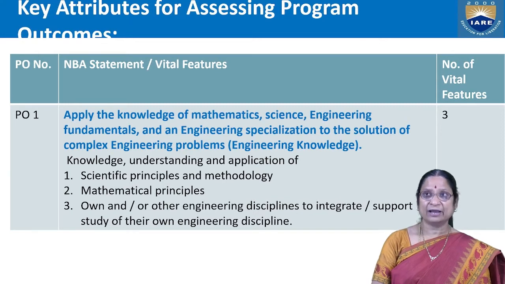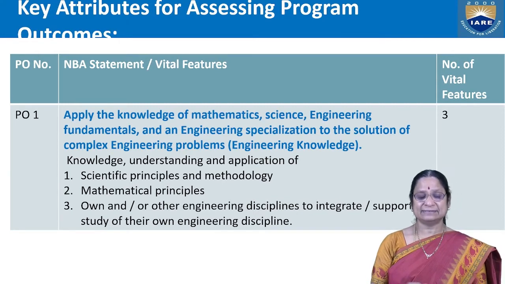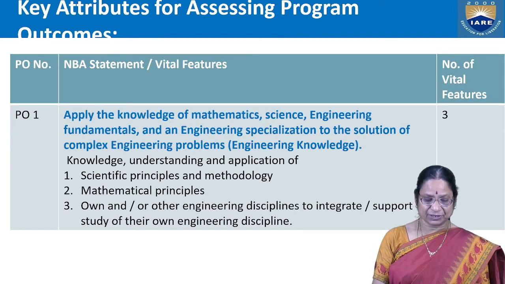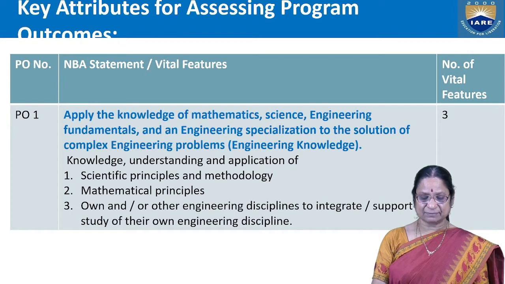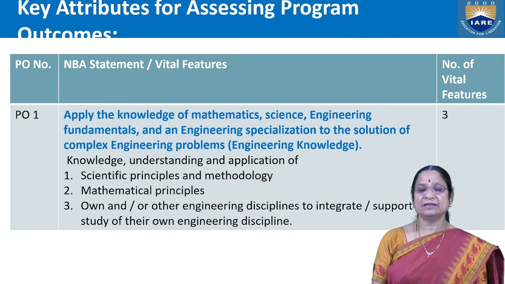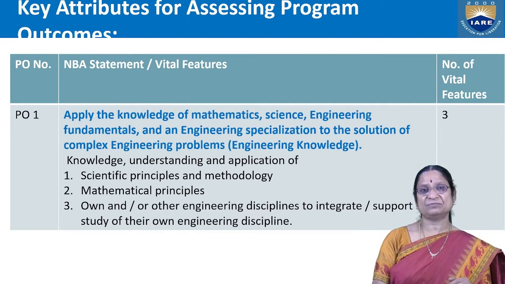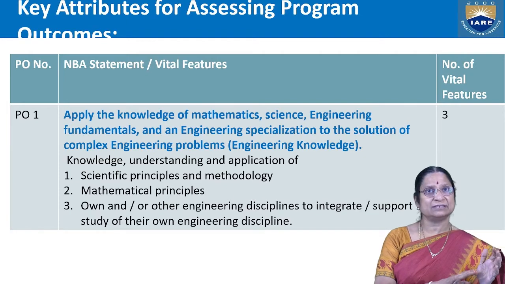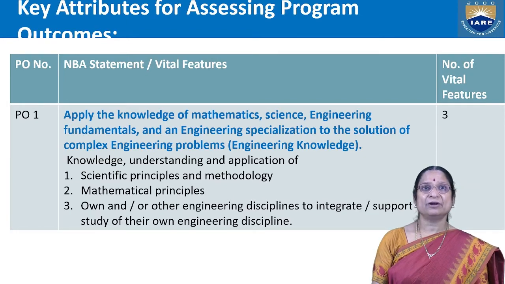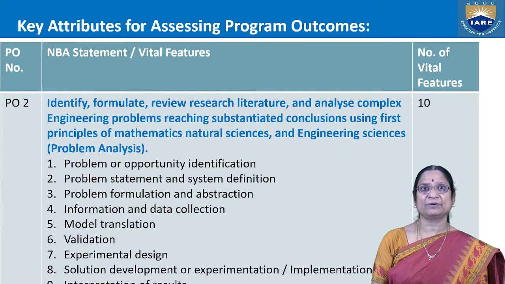The important features are knowledge, understanding, and application of scientific principles and methodology, mathematical principles, and one or other engineering disciplines to integrate, support, and study their own engineering. So these 3 features are there. How many features of this PO1 map with a CO is how the number of mapping features can be identified.